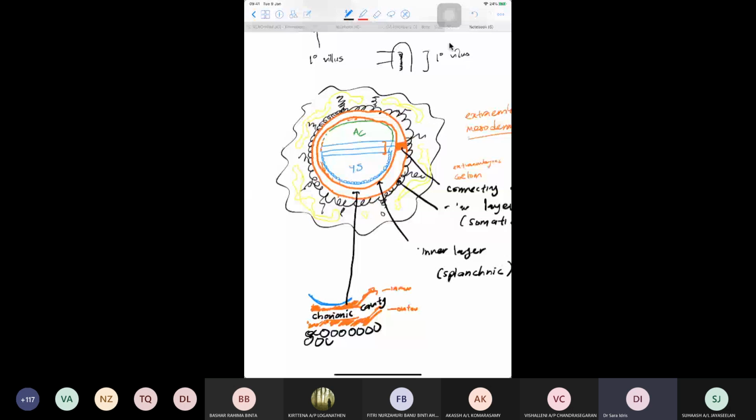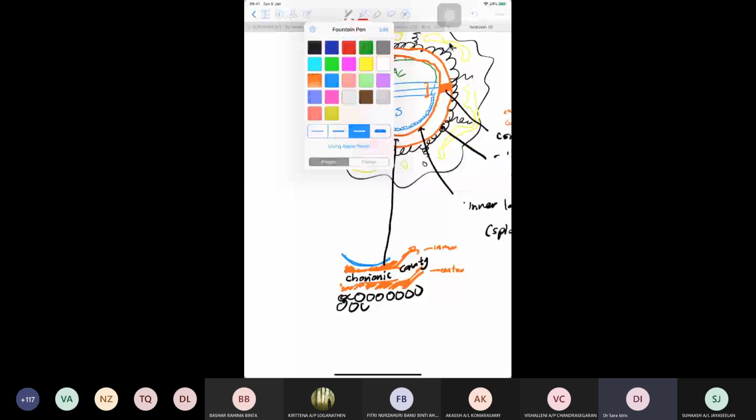Now that we have produced all these layers, we're going to talk about what happens if I take a cross section, if I take a chunk of this and cut it.